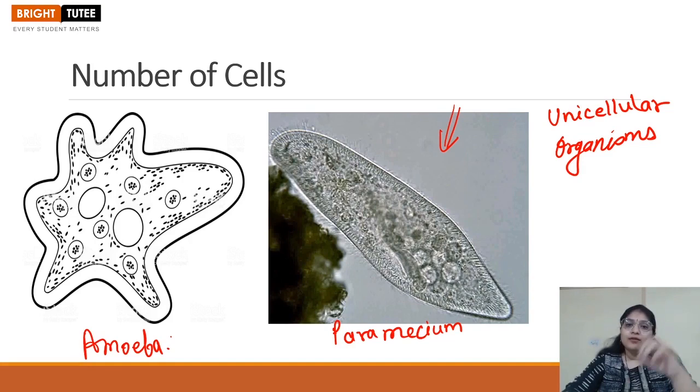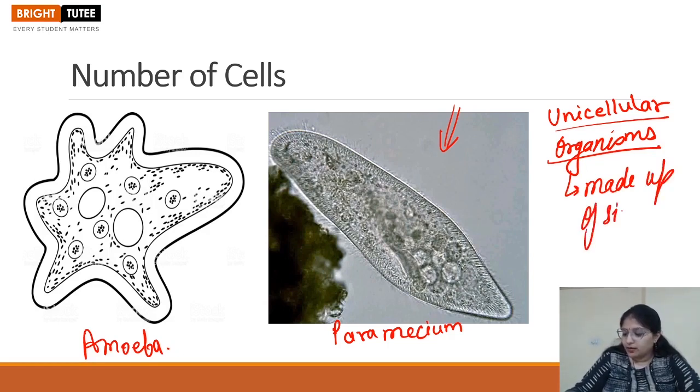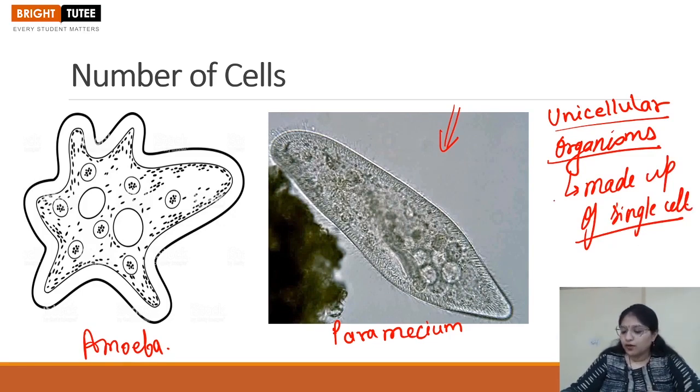So unicellular organisms are made up of single cells, which is quite different from multicellular organisms.